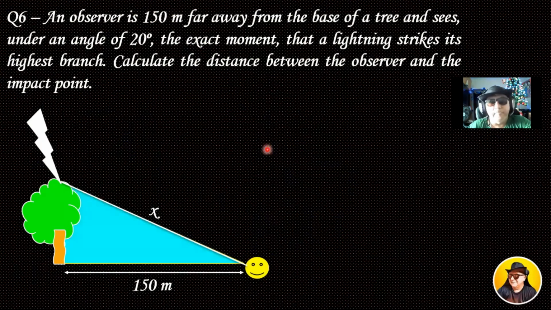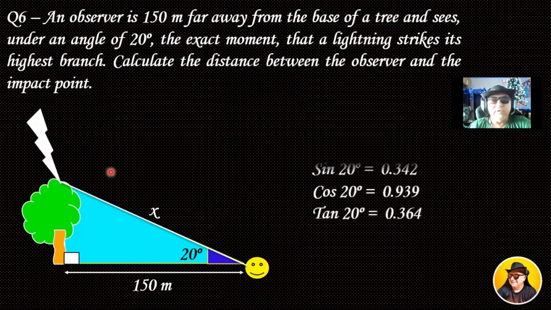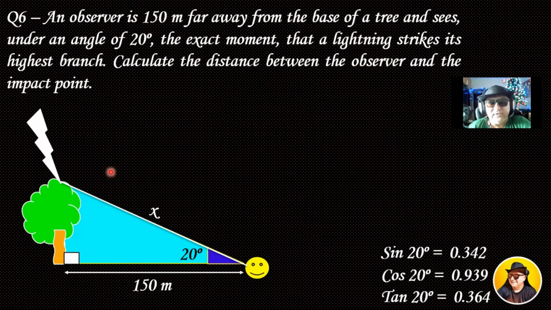Let's see. So it forms a right triangle. We can easily see here. The angle is 20 degrees, and this is the right angle. Okay. So this is the hypotenuse. Excellent. And 150 is the adjacent side of the triangle, isn't it? Excellent. Let's check sine, cosine, and tangent of 20 degrees.